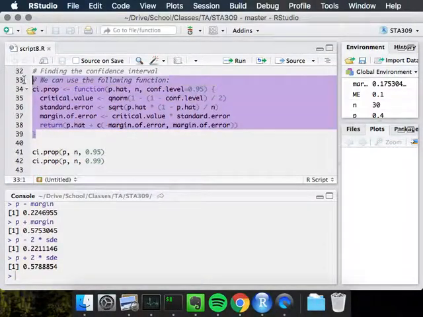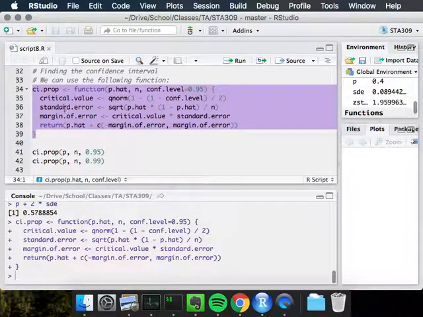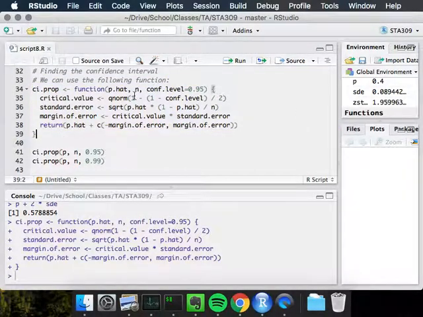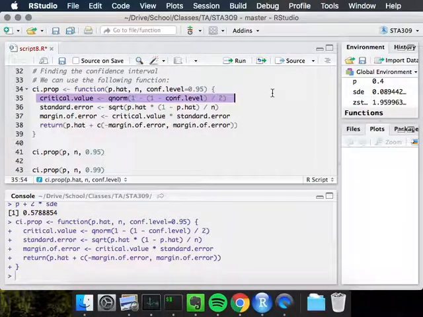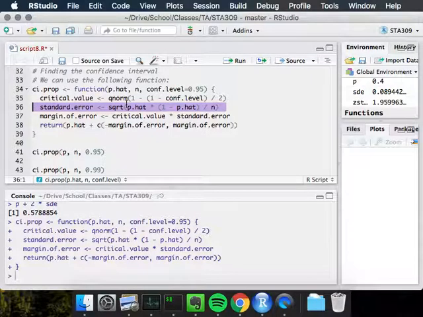Now, we have a function here already, which I'm going to run. Now the function is in my environment, so I can use it. It'll give you what we just calculated. As you can see inside the function, it does exactly what we went over. It finds the critical value, and it finds the standard error. These two are unrelated, so you can do either before the other. Then the margin combines these two values: it's the critical value times the standard error.